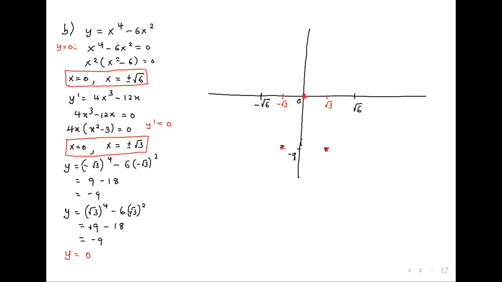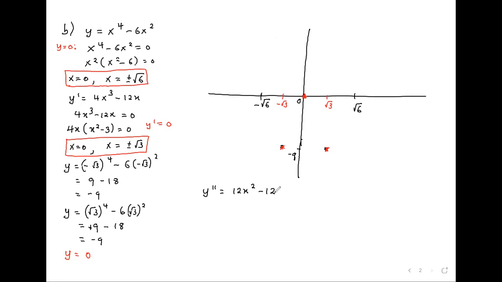Okay. If you wish to check the nature of your points, in case you're confused on how to sketch it, you get the second derivative. That is 12x² minus 12.